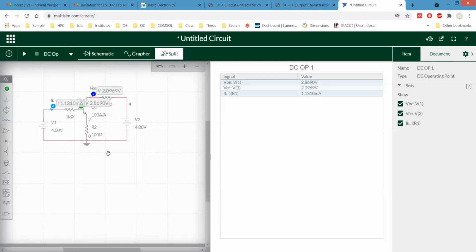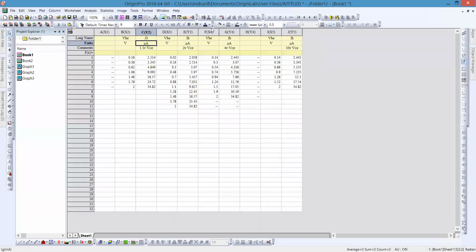Okay, so you have noted? Yes, sir. Now please tell me the values. I will plot them. Now the plotting screen is visible to you, right? Yes, sir.